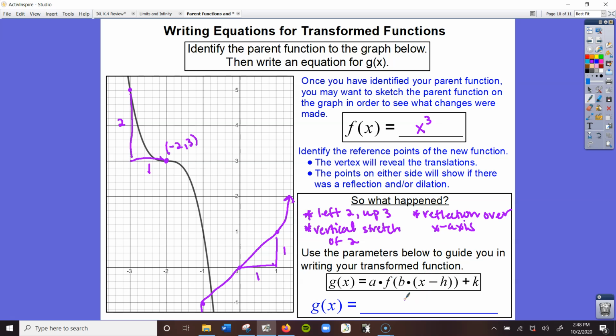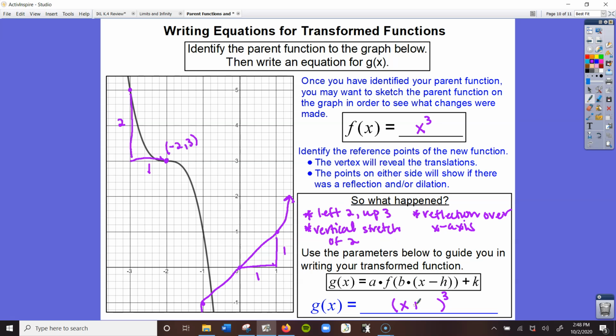Now, I find it easiest to just work my way from the outside in. So what I do is I'm going to open a parentheses. I'm going to put x inside, since this is cubed, and I'm going to put my exponent. Inside, the only horizontal transformation was that it moved to the left 2.